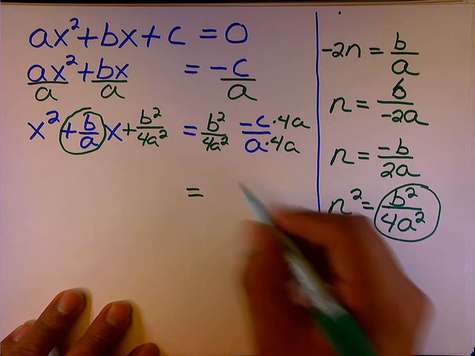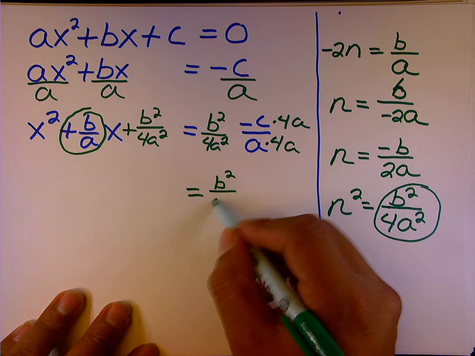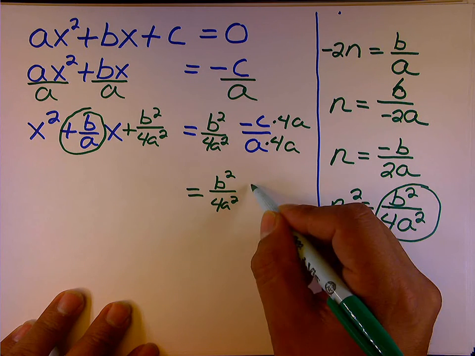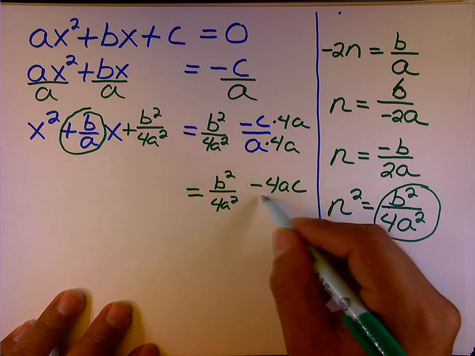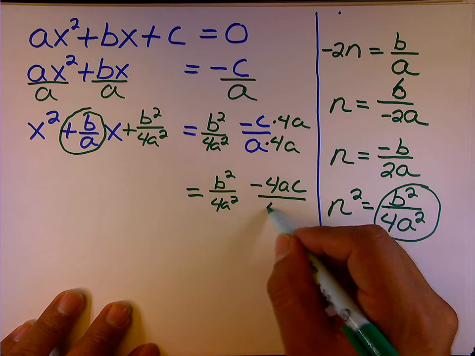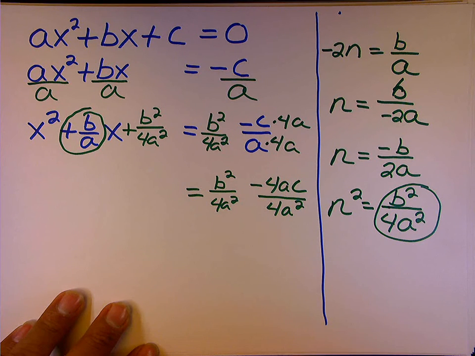Over here then I have b squared over 4a squared minus 4ac over 4a squared.